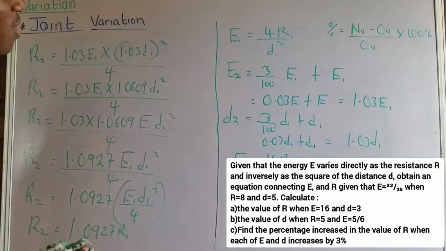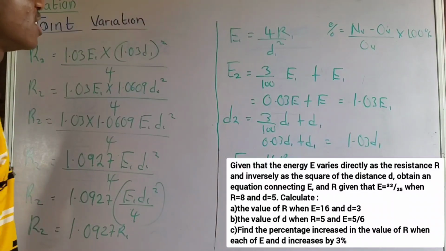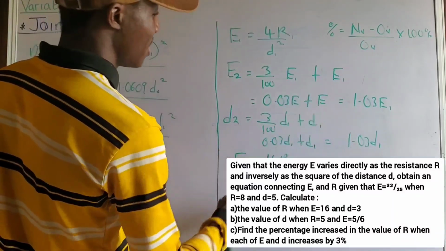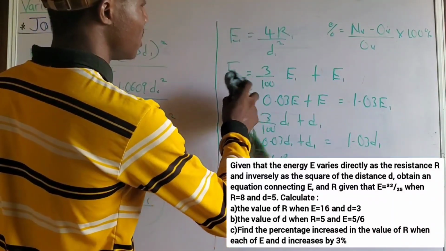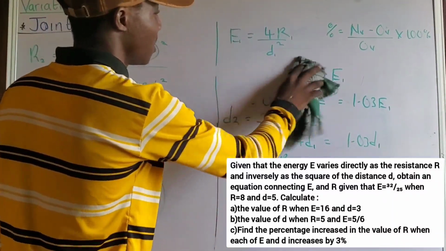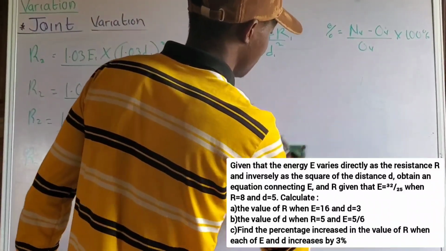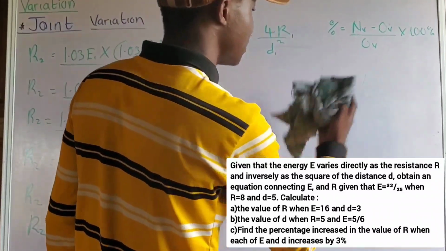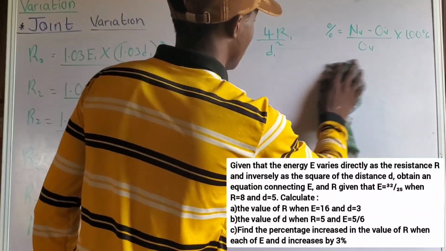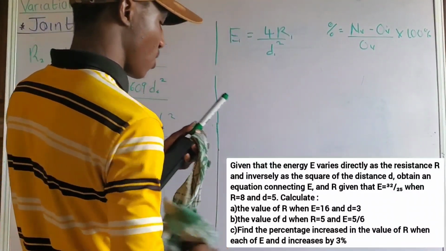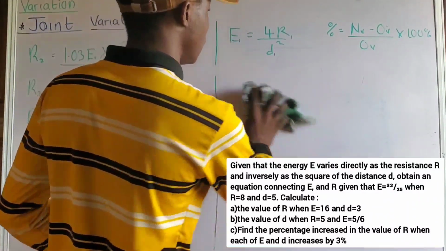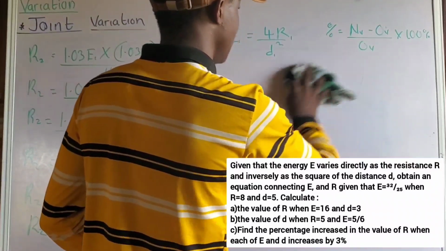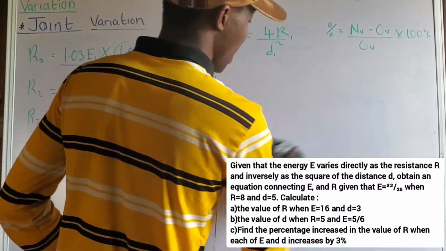Now we can calculate the percentage increase in the value of r, because we have the old value and the new value. We have the initial value of r and the new value of r.